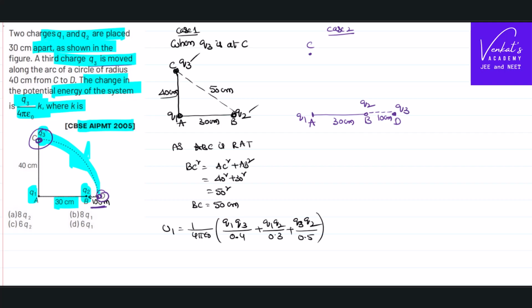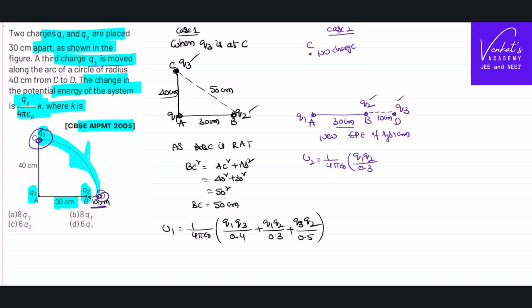So, can I write the new potential at C? There is no charge because the charge is moved from C to D. So, the new electrostatic potential energy of the system is U2 equal to 1 by 4 pi epsilon naught. Between AB there is potential energy Q1 Q2 by the distance, 30 centimeters, that is 0.3.